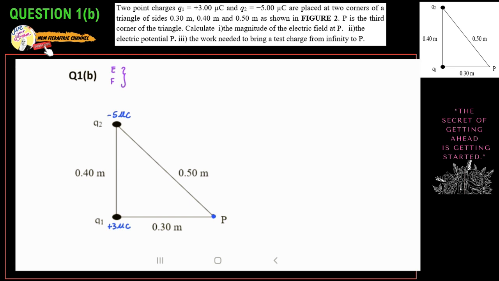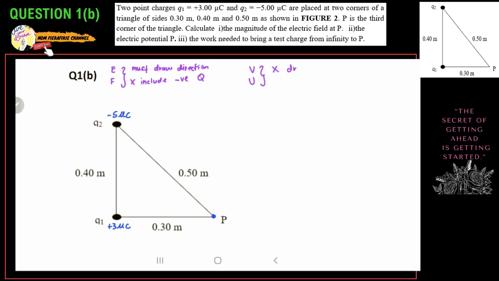You must draw the direction. Let me repeat: in your calculation, please don't include the negative sign of the charge. For potential and potential energy, it will be the opposite.